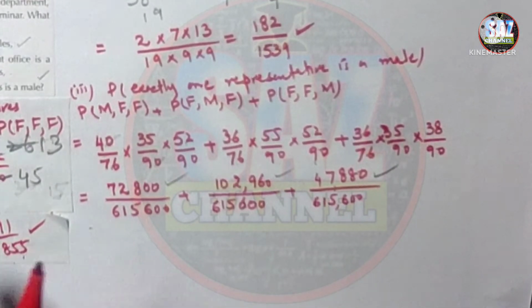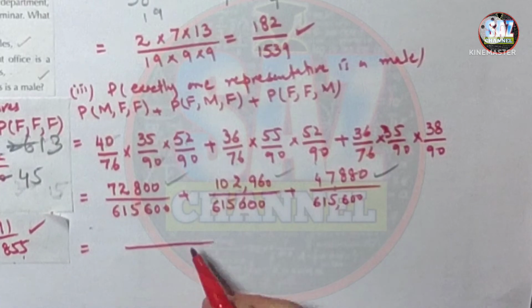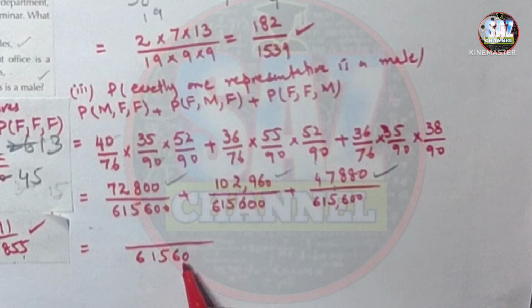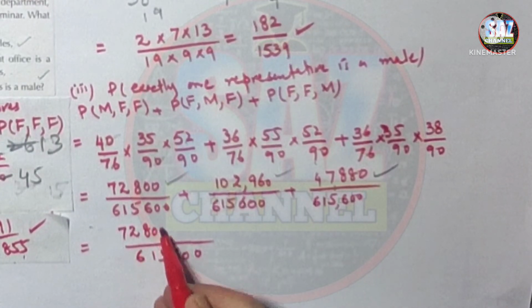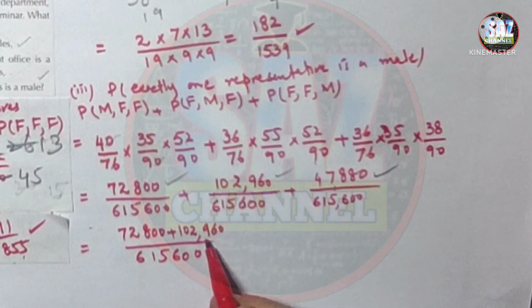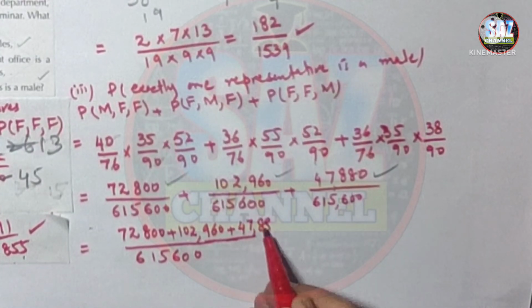And once again let's check the denominator: 76 multiplied by 90 multiplied by 90 gives me 615,600. Now is the time to take the LCM. All the fractions have the same denominator, so 615,600, and then 72,800 plus 102,960 plus 47,880.